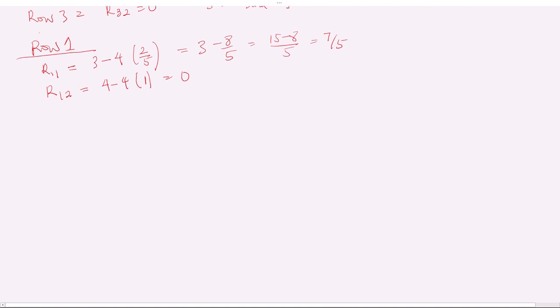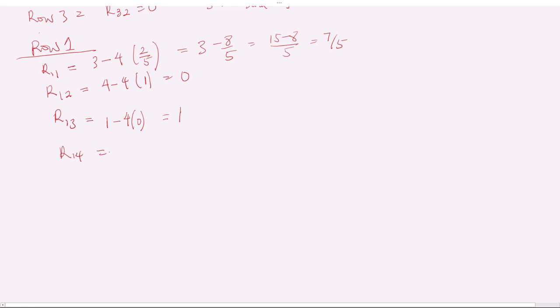We can decide to zoom here. So this R13 is going to be 1 minus 4 into bracket 0, which is equals to 1.